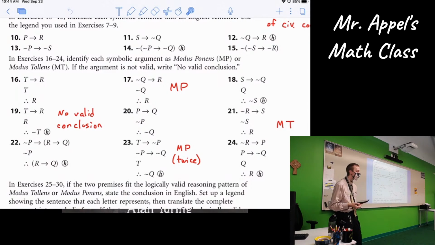Or, now that we know a third one, law of syllogism, we can go back to this problem and say, I can reduce these two conditional statements down into just one that goes straight from T to not Q. We give T, we conclude not Q. So it could be modus ponens, or you could do law of syllogism, then the modus ponens.